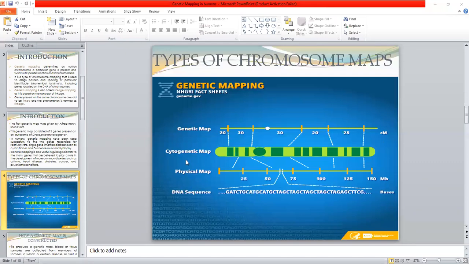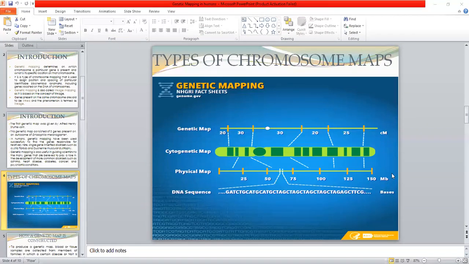In the case of the cytogenetic map, the various biochemical and morphological landmarks of the chromosome are shown. So the cytogenetic map depicts the various biochemical and morphological features on a chromosome. And the physical map gives the distance between different loci and the genes in terms of base pairs.